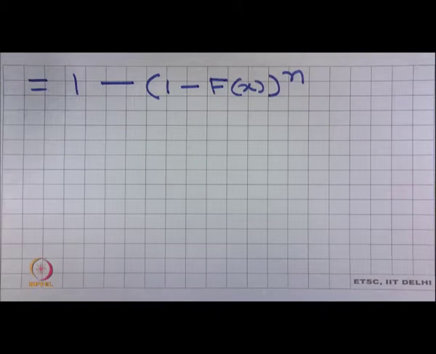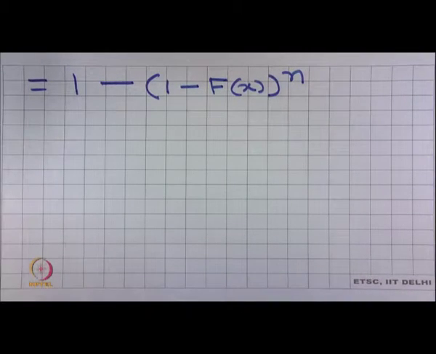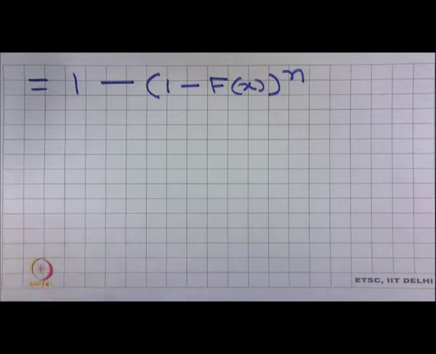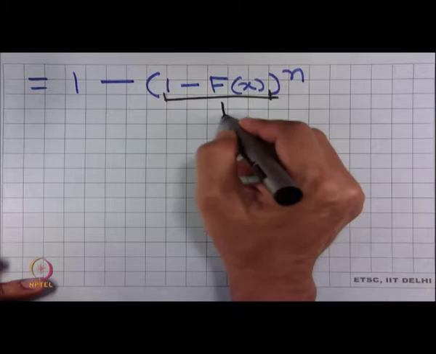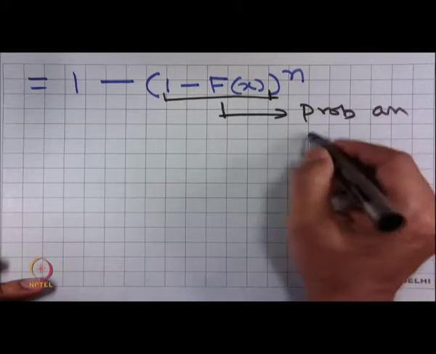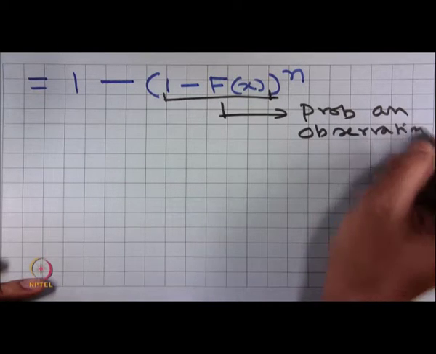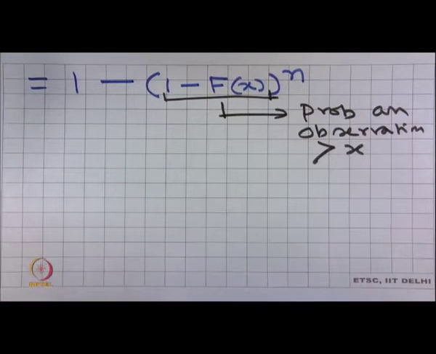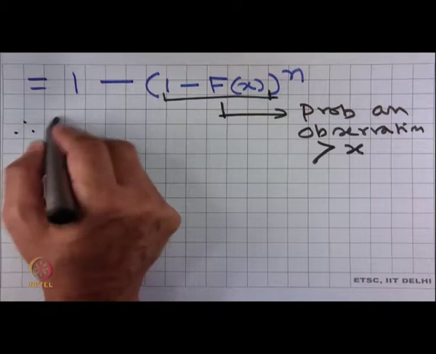And therefore, this is 1 minus F x whole to the power n, because this is the probability an observation is greater than x.